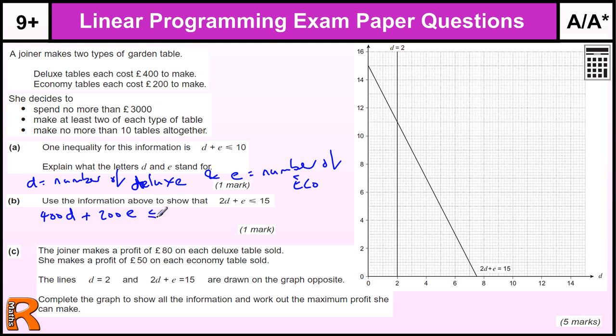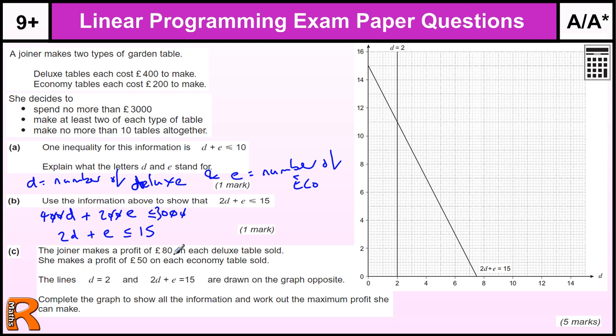That's going to be less than or equal to 3,000. So if we knock off a couple of zeros and divide by 2, we get 2D plus E is less than or equal to 15. Oh no, we're doing this one. 2D plus E is less than or equal to 15.